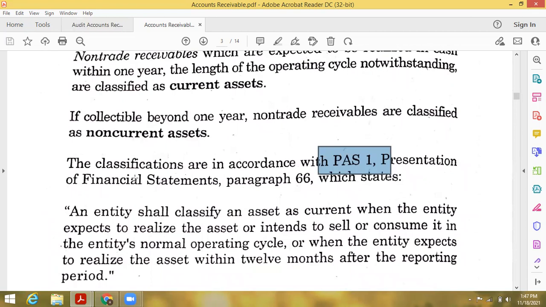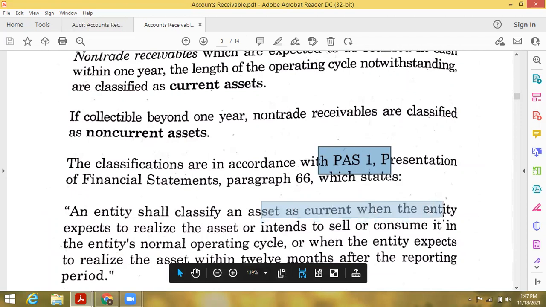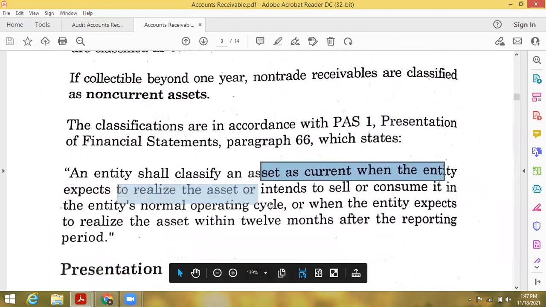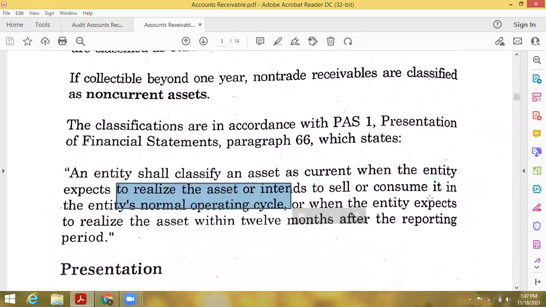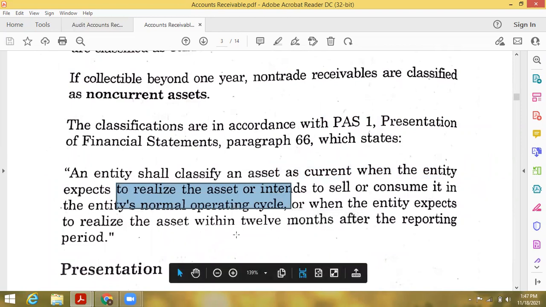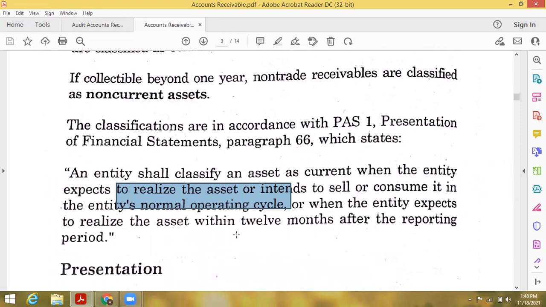Financial statements, paragraph 66, states that an entity shall classify an asset as current when the entity expects to realize the asset, or intends to sell or consume it, in the entity's normal operating cycle. So it's not just for accounts receivable. This applies to all current assets.